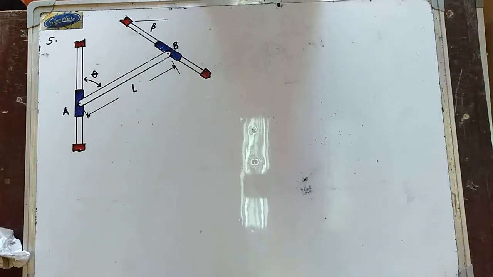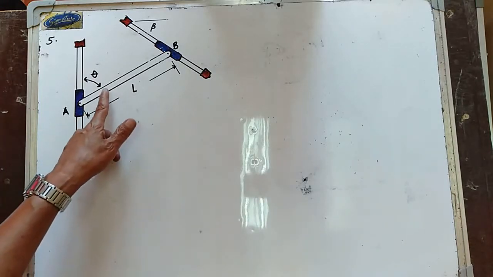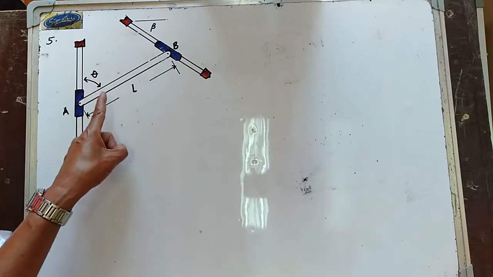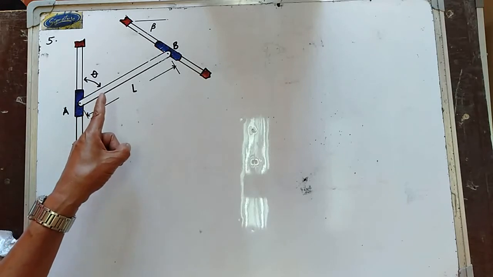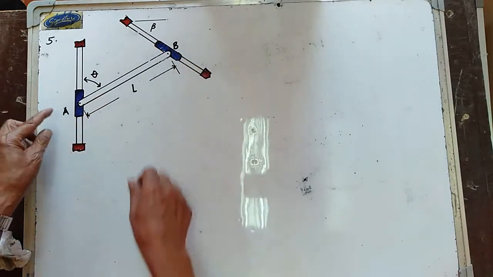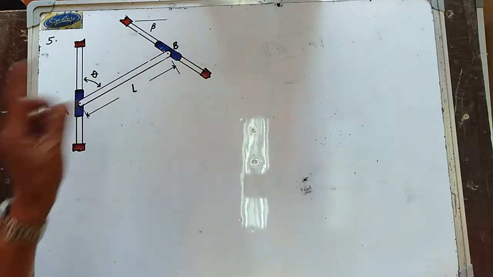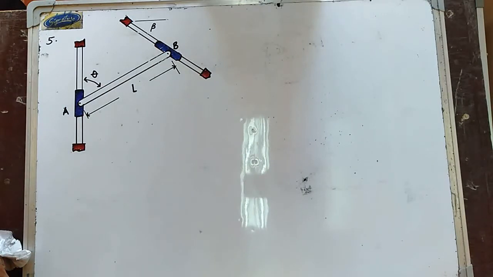Okay, so this is problem number 5. An 8 kilogram rod of length L, so this is your rod of length L, is attached to collars at point A and point B, which may slide freely along the guides shown.